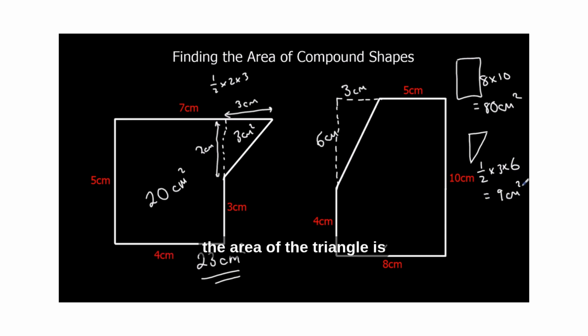So the area of the triangle is 9 centimeters squared. So the rectangle, take away the triangle, 80 take away 9, and that's 71 centimeters squared.